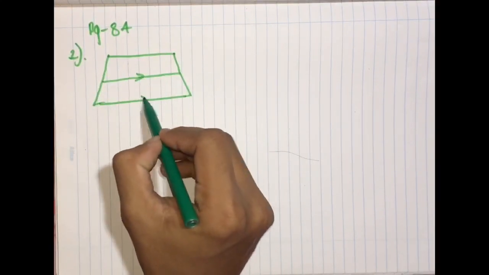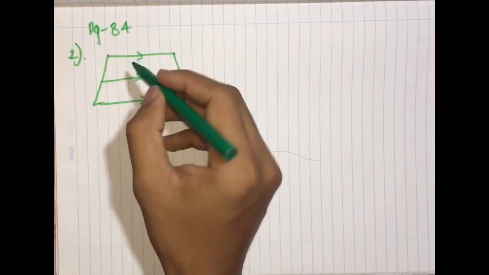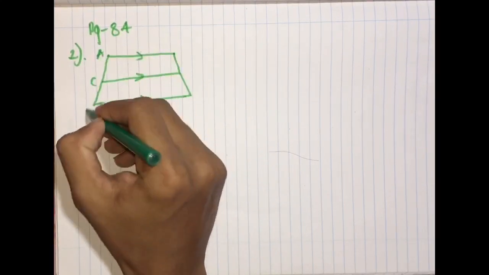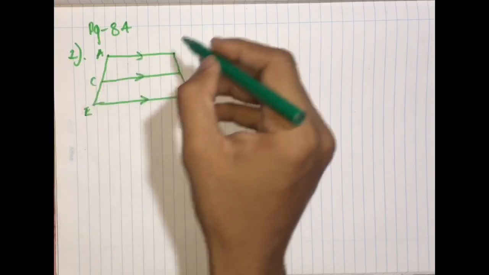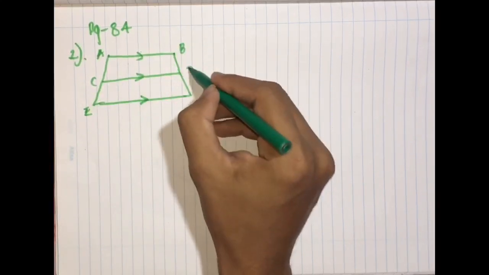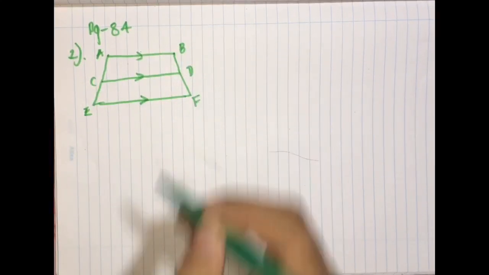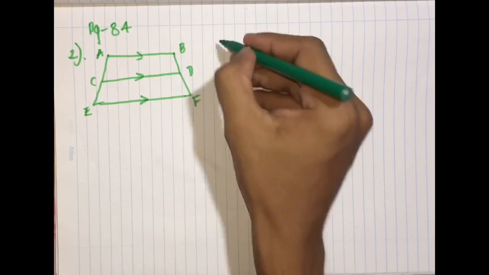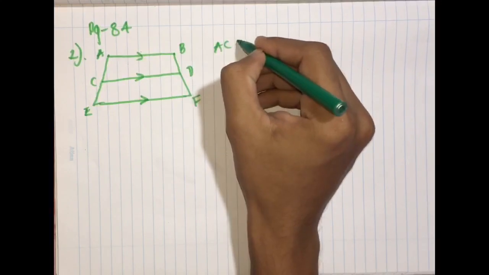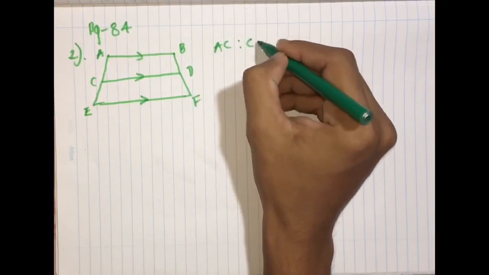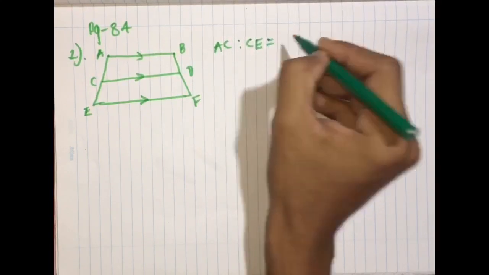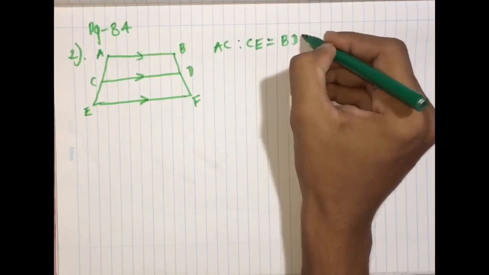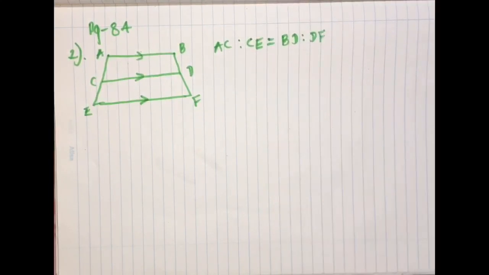These two are parallel. All these three lines are parallel. This is ACE, and then you have BDF. The data given are based on the given information in the figure. Prove that AC to CE ratio is equal to BD to DF.